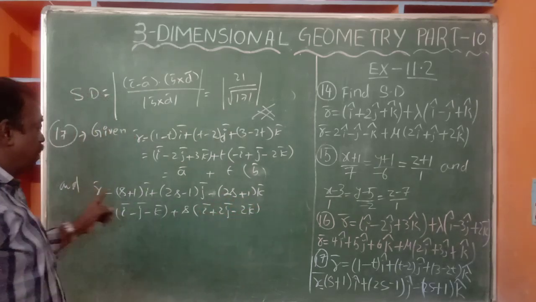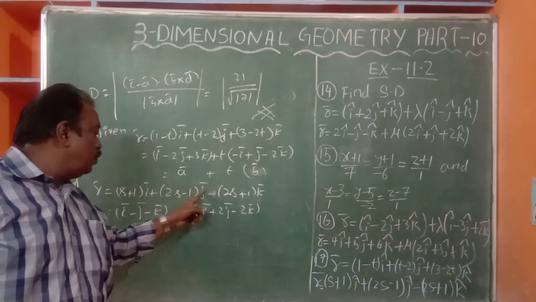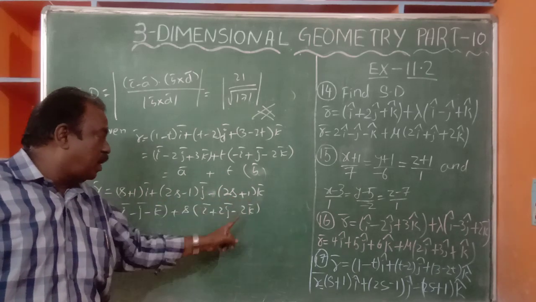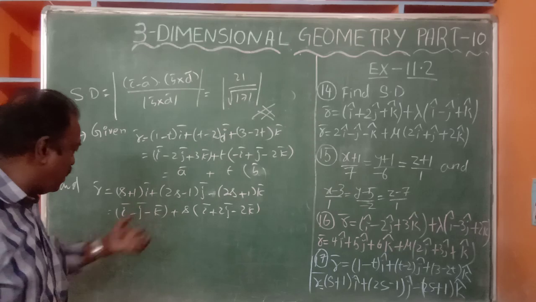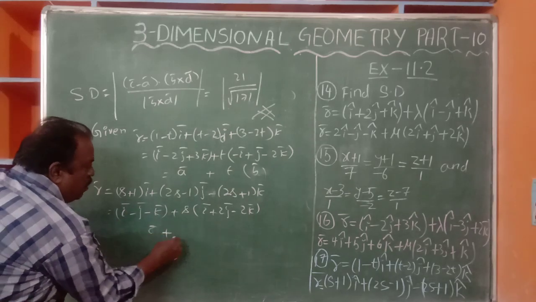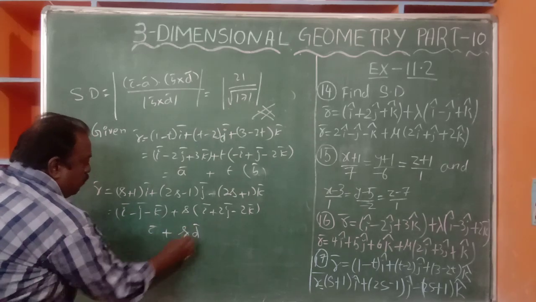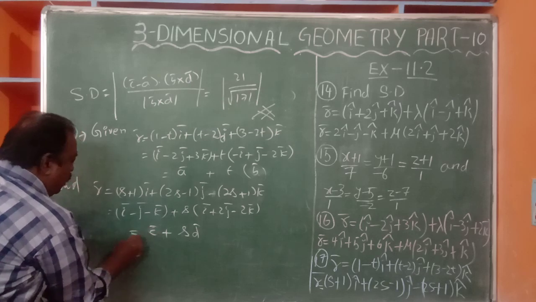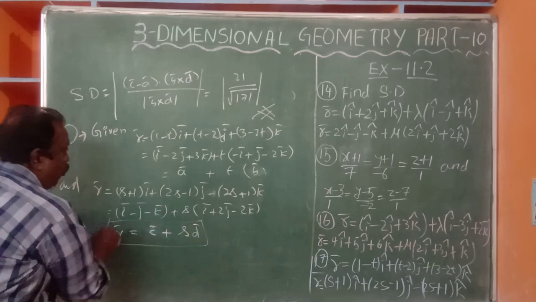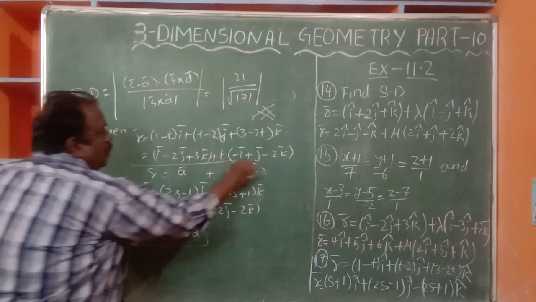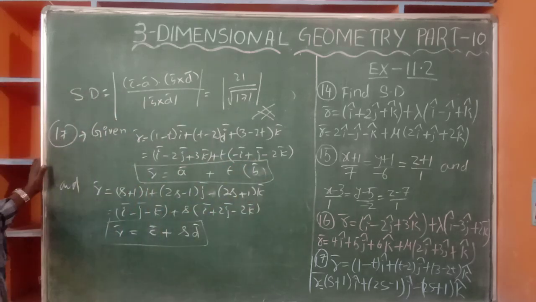S into i, 2s into j, minus 2s into k. S is taken as common. Now this is C bar plus s D bar. This is the first one. Is it clear?